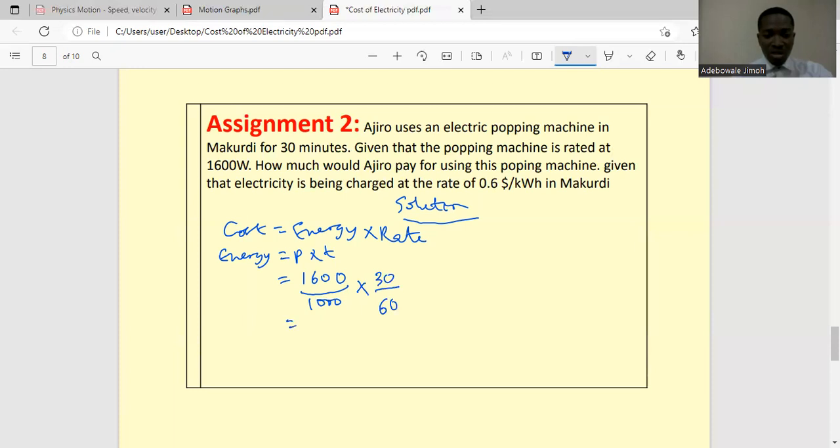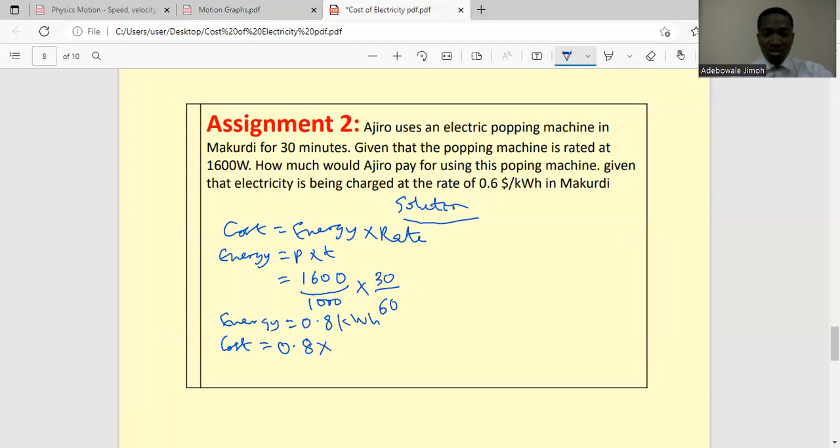1,600 divided by 1,000, you get 1.6. 1.6 multiplied by half gives you 0.8 kilowatt hour. So now the cost is equal to the energy. Our energy here is 0.8. We multiply it by the rate.